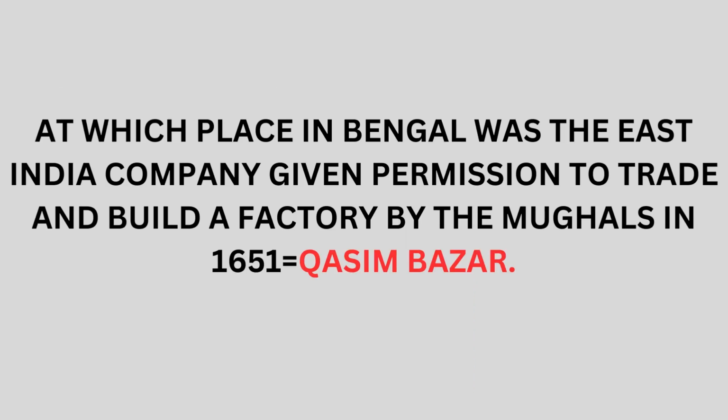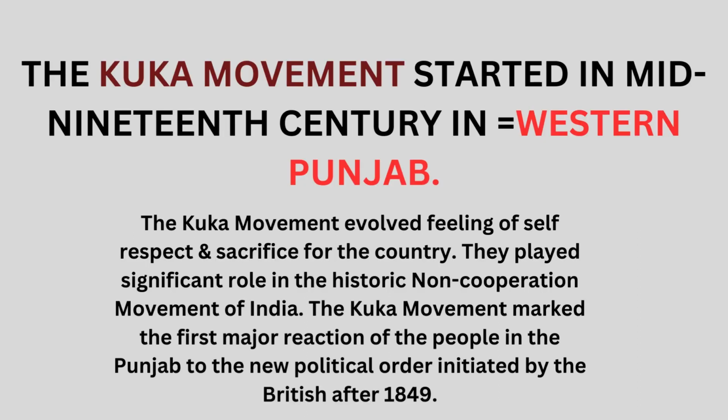And at which place in Bengal was the East India Company given permission to trade and build a factory by the Mughals in 1651? So that was in Kasam Bazar. And the Kuka movement started in the mid 19th century in western Punjab.